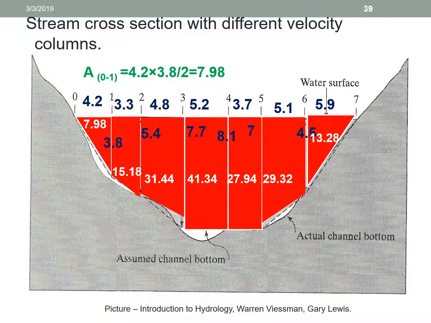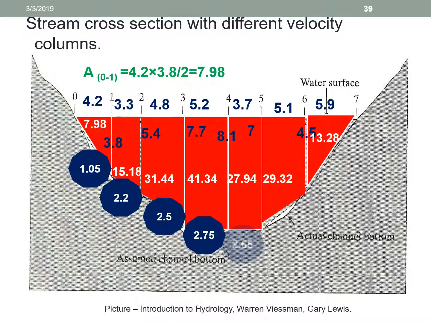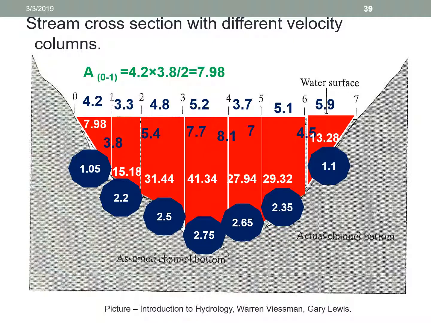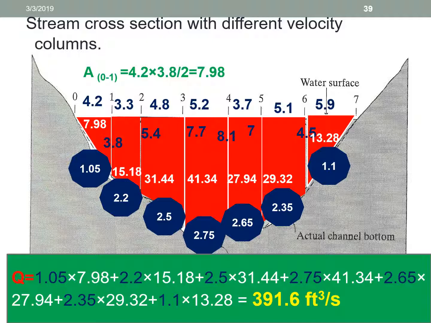So in the white font, you see all of the areas. And in blue, you see the average velocities. The first one is 1.05, the next one is 2.2, 2.5, 2.75, 2.65, 2.35, and 1.1. So you have all of the velocities and you have all of the areas.